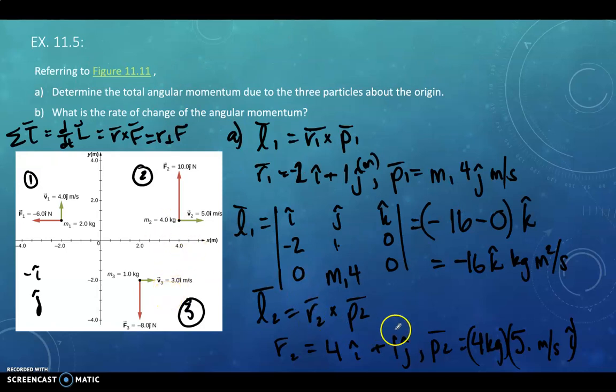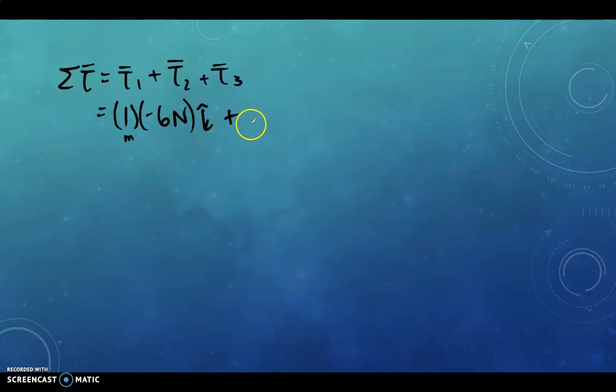We have our F in the j hat direction, so we'll want our perpendicular, or our i hat piece, which is 4. So we have 4 meters and 10 newtons, again in k hat.